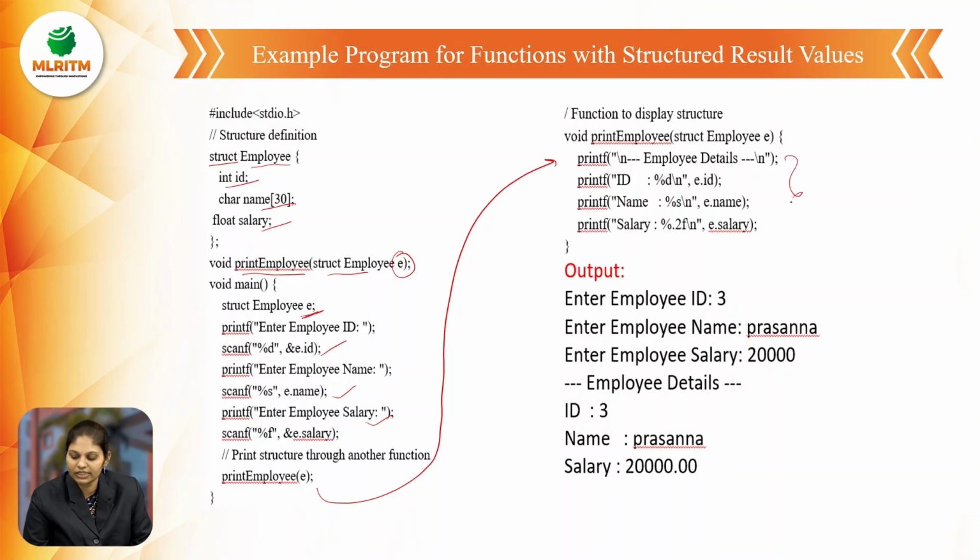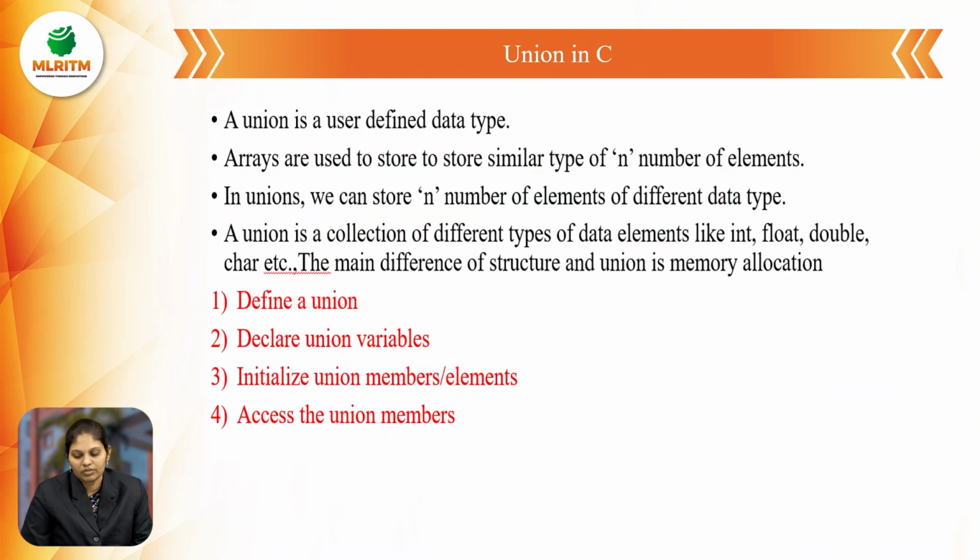The details will be printed. For example, I am taking employee ID 3 and a particular name and salary. In a function you must create the function name and the struct variable, struct employee E, and it is also called a structured resultant value.